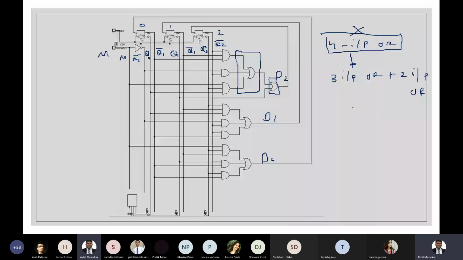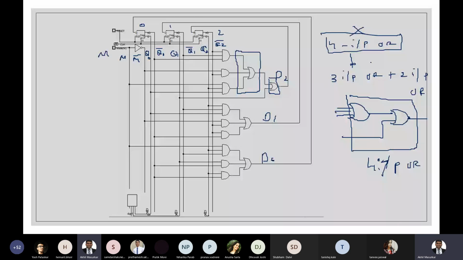So the OR is like this. So this is basically your 4 input OR. That is what you can see here for D2.